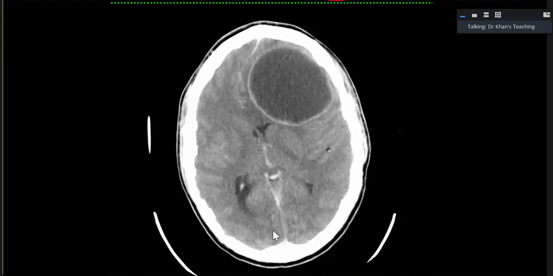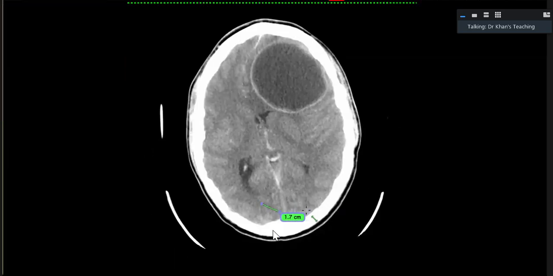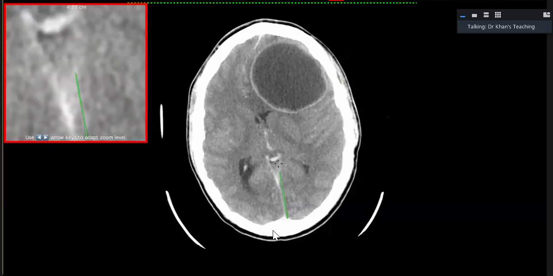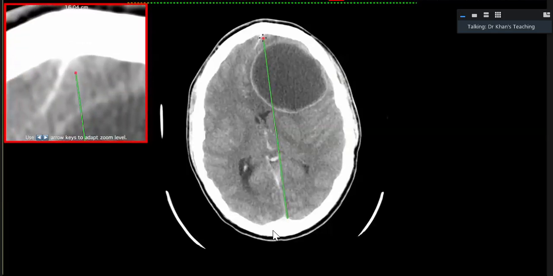Now, as a fine touch, usually I don't do it, but in this case, if an examiner asks you, you should know: the midline shift, how much is it?